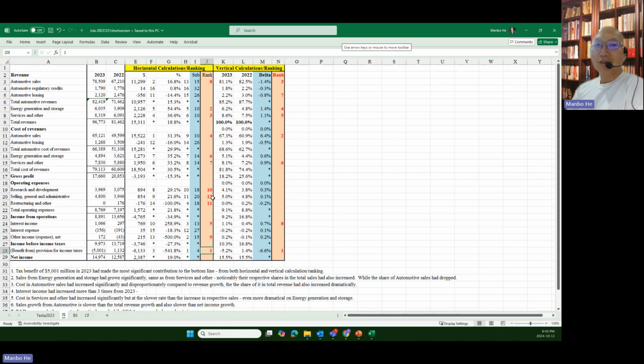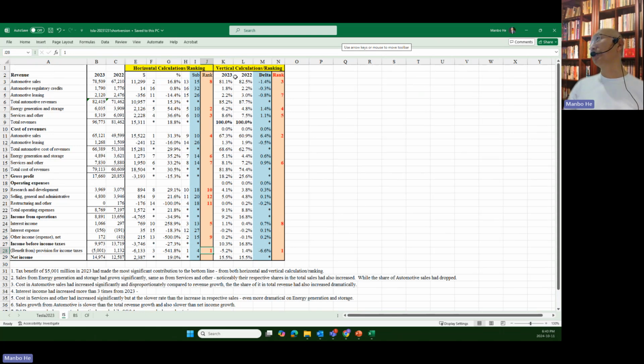For our purpose, that's good enough, right? And this is for horizontal calculation and ranking. And this is a process you have to follow precisely, meaning you cannot skip any of this process, right? Make sure you follow this precisely, and that will ensure you don't miss anything, right?